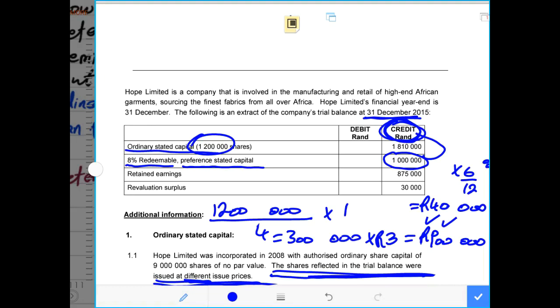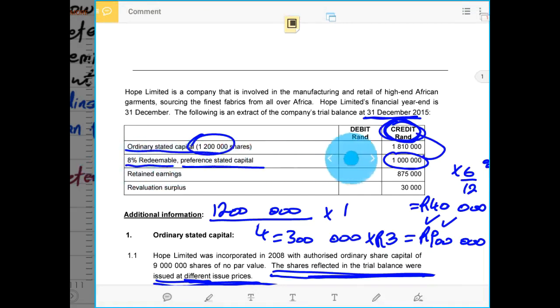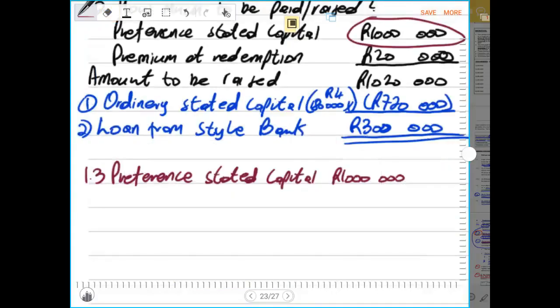The minute we redeem preference shares, we have to cancel the capital, and to cancel the capital is to record it on the debit side. We cancel the equity which was on the credit side in the trial balance.